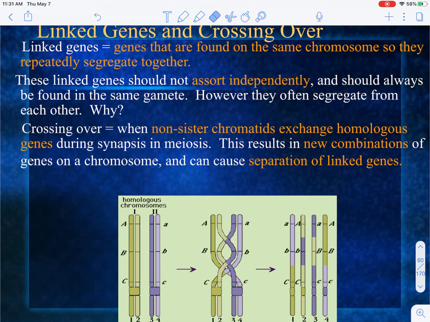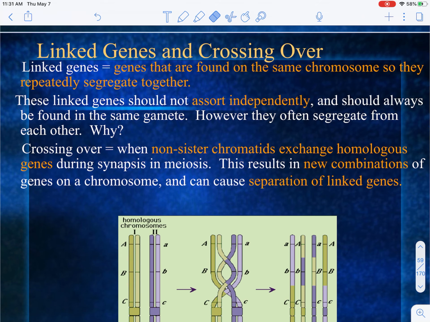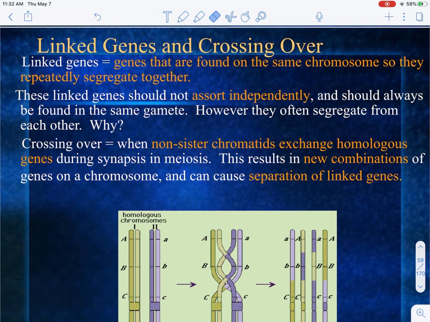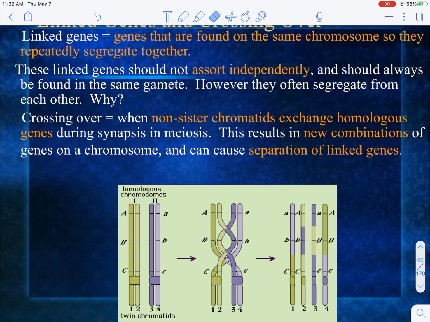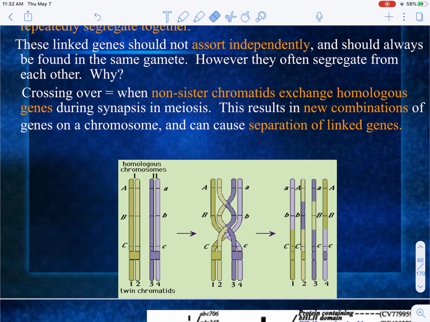Bio 30. Today's class is about gene mapping, which is looking at how we determine an approximate location of genes on a chromosome. The way we can work on this is by studying linked genes, and linked genes would be ones found on the same chromosome.